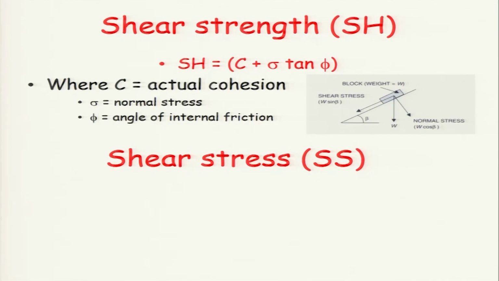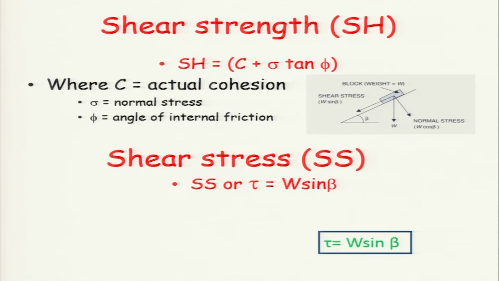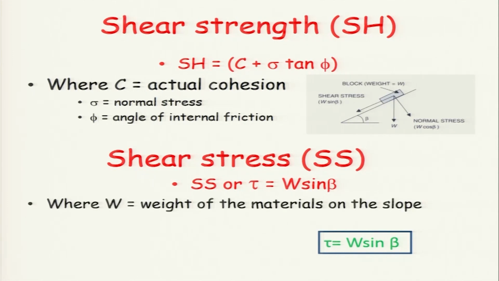Then comes the shear stress. We have already discussed this, that is tau, and is given as W sin beta, where W is the mass of the material, that is the weight of the material on the slope, and beta is your angle of slope here.